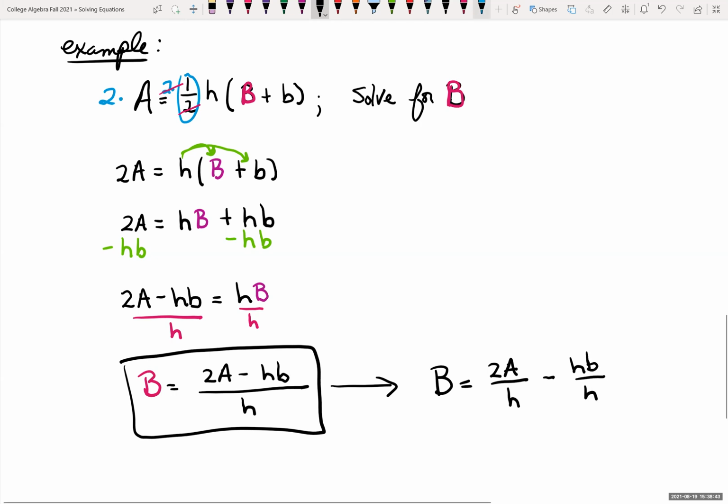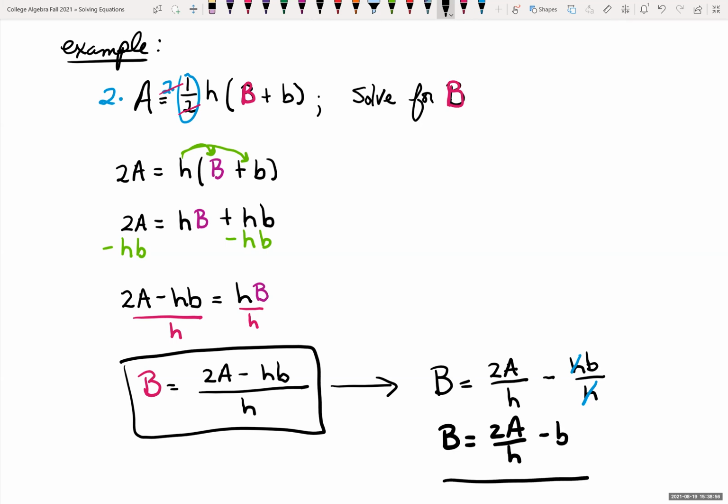And so notice that the h's are going to cancel in that second term. They're the same answer, just different forms. I like the first way better though.